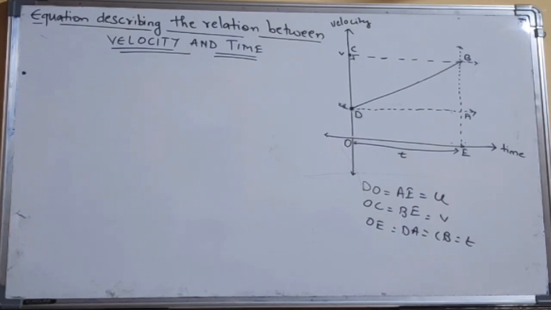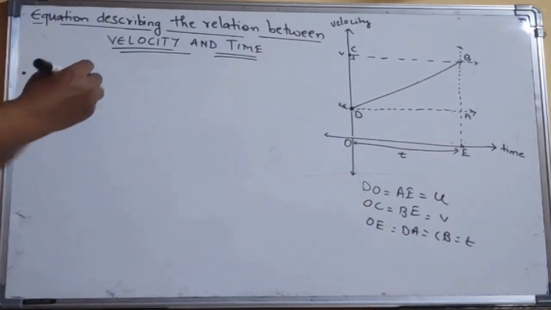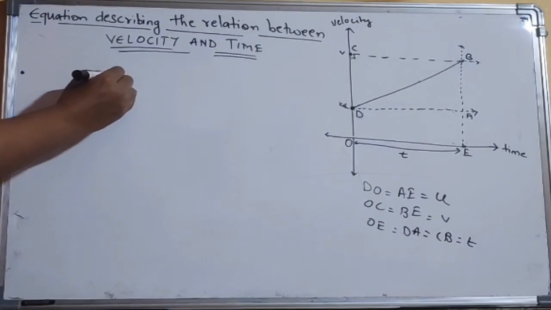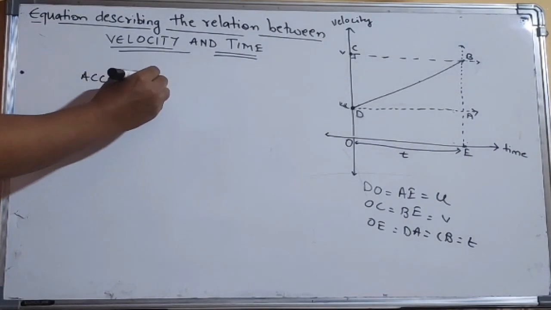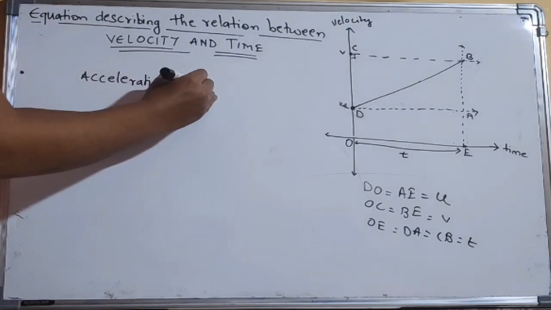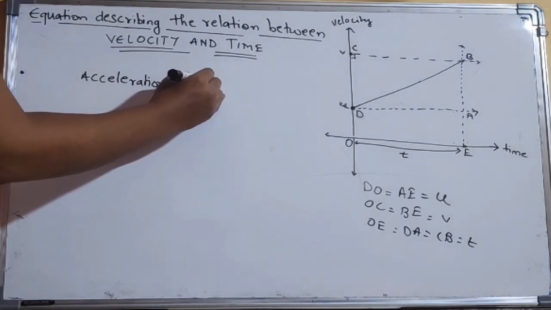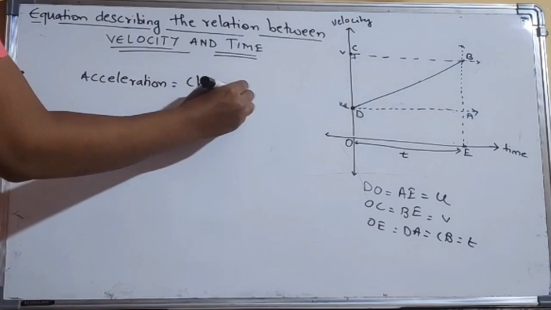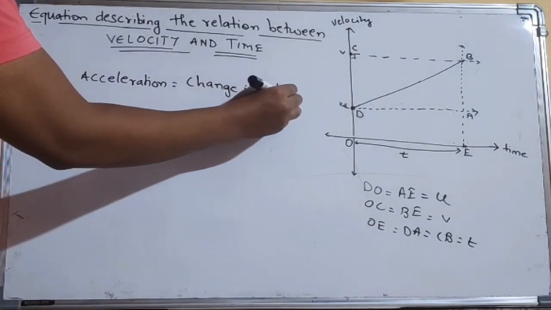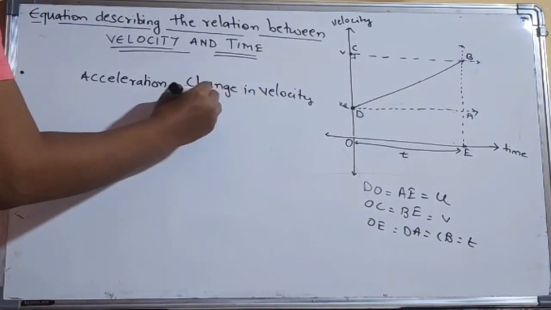Now let us move into deriving the equation relating velocity and time. The relation between velocity and time is given by acceleration. Acceleration is change in velocity upon time.